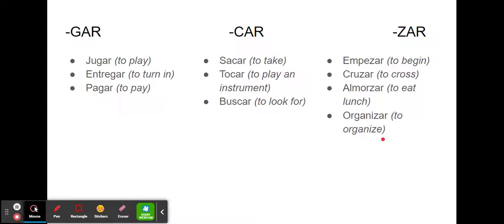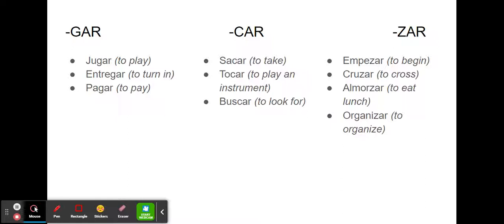I'm going to pronounce those one more time because I want to make sure you hear how those words are pronounced. In English, the letter Z is kind of an aggressive sound. It's this hard Z sound. But in Spanish, it's much softer.